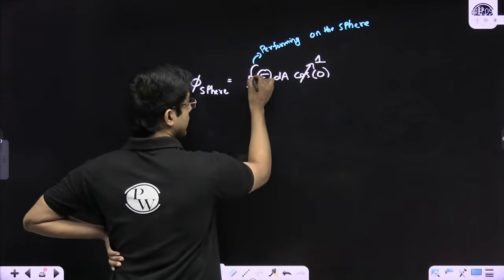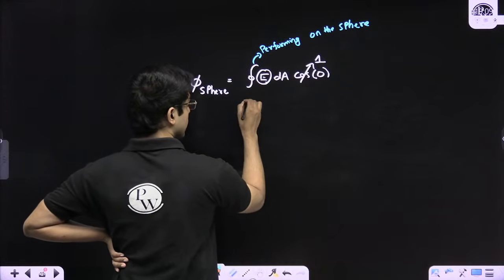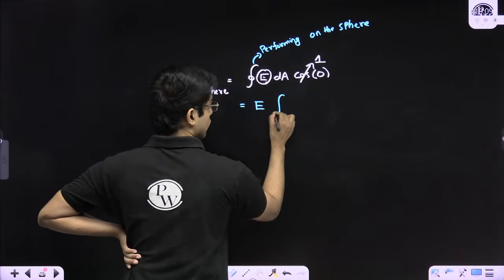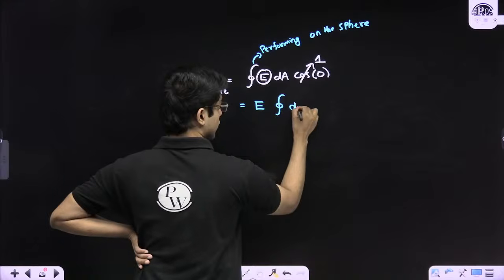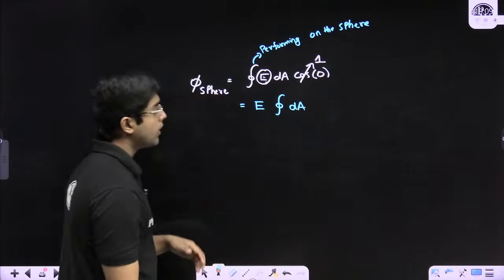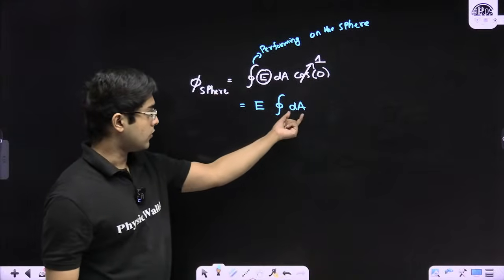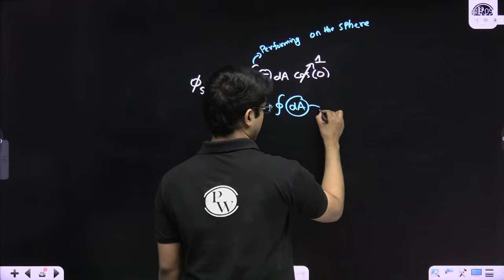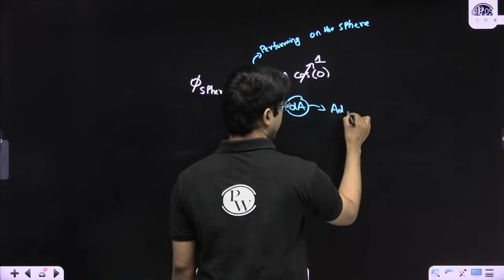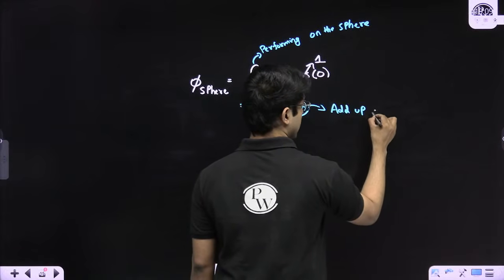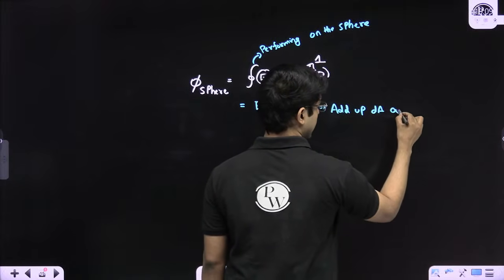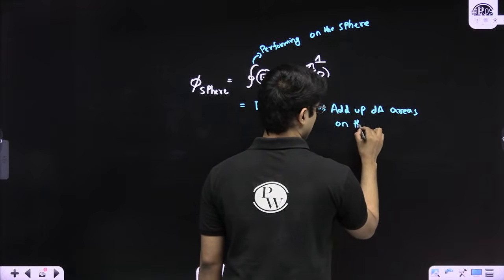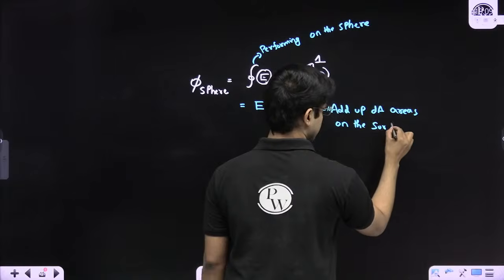So the electric field is constant everywhere on this sphere of radius r, and we can take it outside. What is left inside is the integration of dA. And this is actually easy to calculate. Integration of dA means add up dA areas on the surface of the sphere.